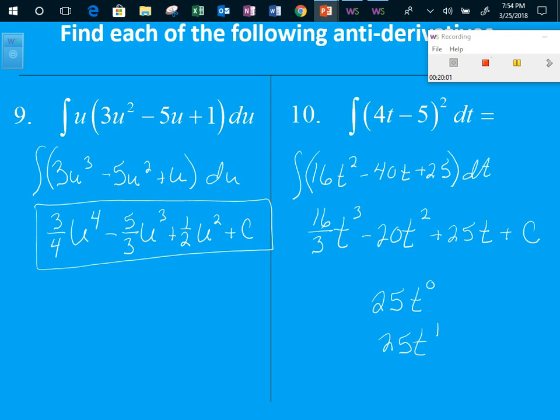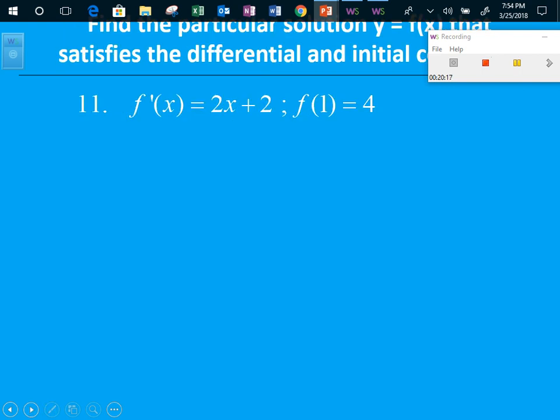Okay. So guys, I'm going to switch gears just a little bit, but I need to show you how to find a particular solution. That plus c just means there's an infinite number of solutions. Now, on my number 11 here, I'm going to show you how to get a particular solution. So it's going to be a baby step up from what we did. Here's going to be my first step.